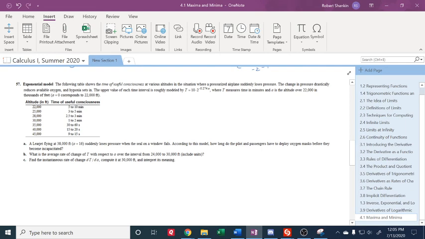Alright, 38,000 should be giving me somewhere between 15 and 60 seconds, according to the table. But to get a precise number, we're going to just plug it into this formula right over here. So, the formula, A is altitude, and T is the time.